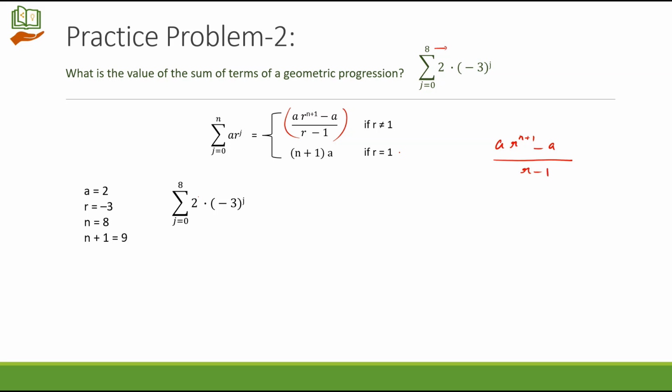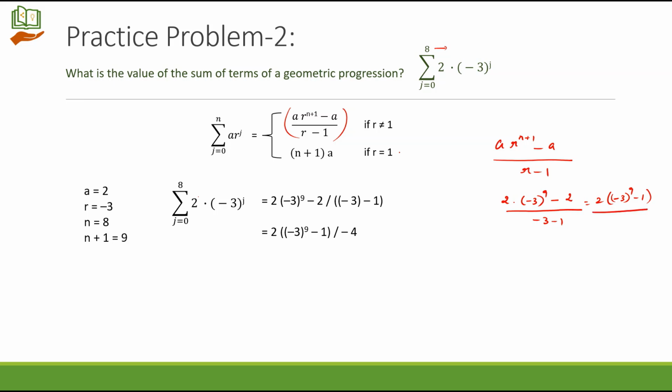So what is a here? It is 2. What is r? It is minus 3. N plus 1 is 9, minus 2, divided by minus 3 minus 1. We will take 2 outside. So this will be minus 3 the whole power 9 minus 1 divided by minus 4. Now we can cancel them. This will be minus 3 power 9 minus 1 divided by minus 2. We have just cancelled only 4.